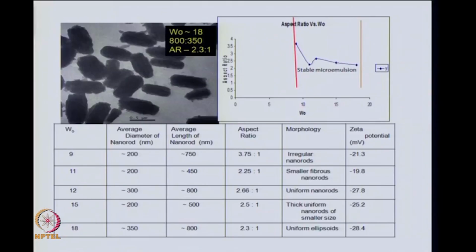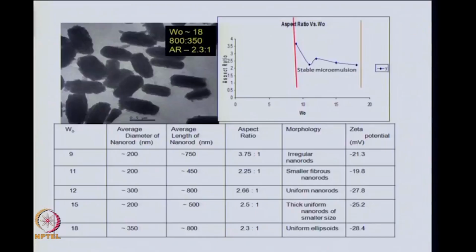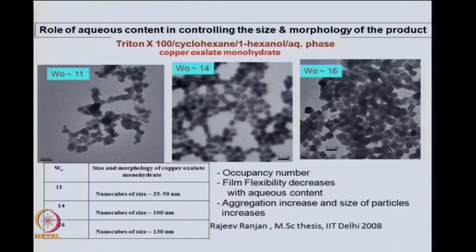In the earlier case we had taken CTAB as the surfactant, which gives rise to anisotropic structures, and in these anisotropic structures as we increase W naught, the aspect ratio continues to decrease, which in a way tells you that the size of the spherical particles or the cubic type of particles will increase as the W naught parameter increases, whereas the anisotropy will decrease as the W naught parameter increases.